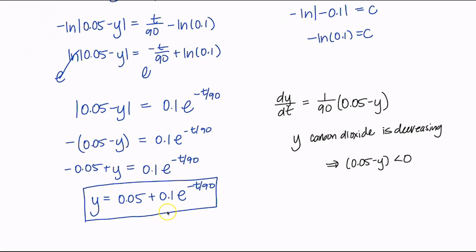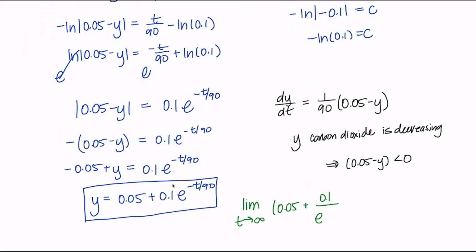Now, there was a follow-up question. It said, in the long run, how much carbon dioxide will there be in the room? So what we're really being asked to do here is consider the limit as t approaches infinity, right? In the long run means towards infinity as time goes on. What happens to the amount of carbon dioxide? What happens to 0.05 plus 0.1 over e to the t over 90? I'm writing this in a different way for a reason.